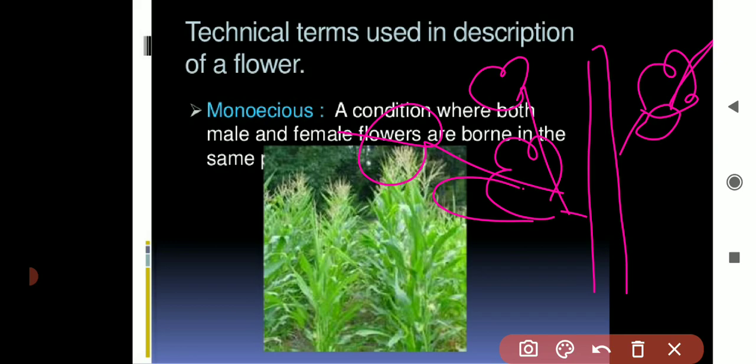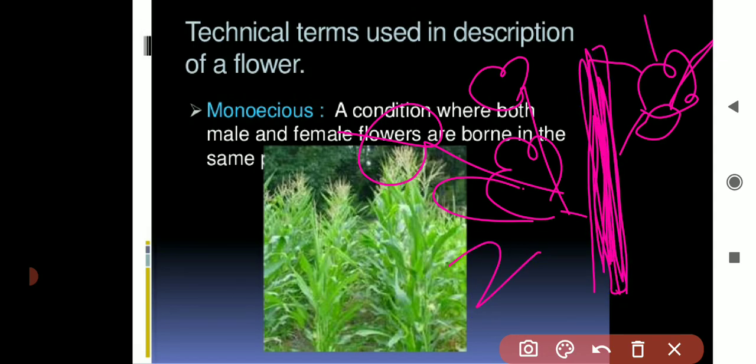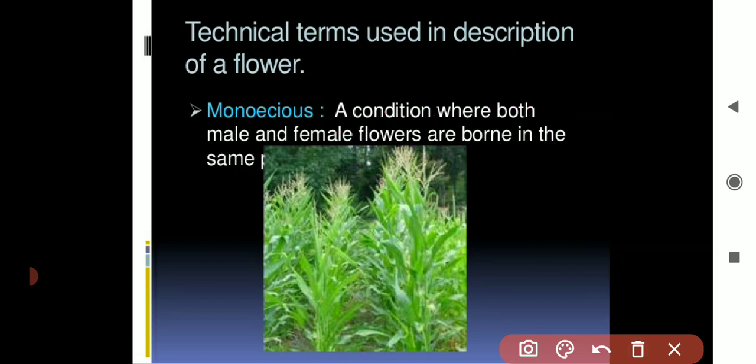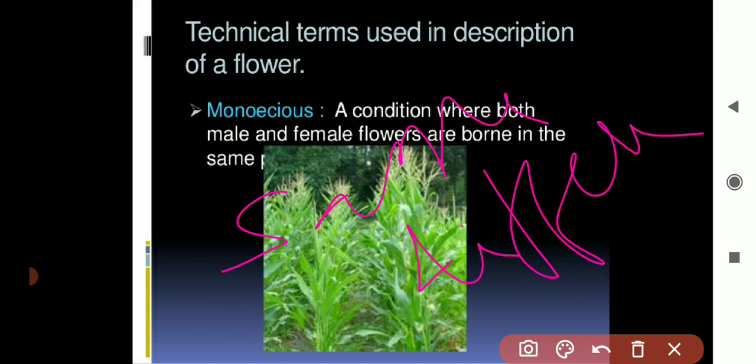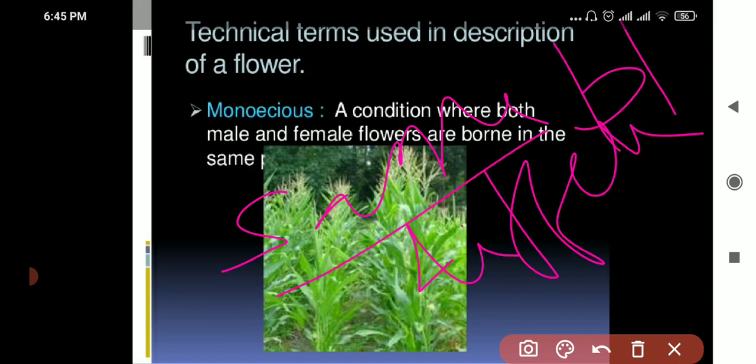So this plant is also monoecious because it is the same plant, this axis, and we have one flower, two flowers, but one has a male part and one has a female part. So you can have two types of monoecious plant: one where both are on the same flower, and one where it is on different flowers but the same plant.